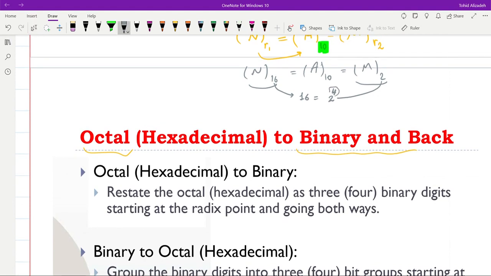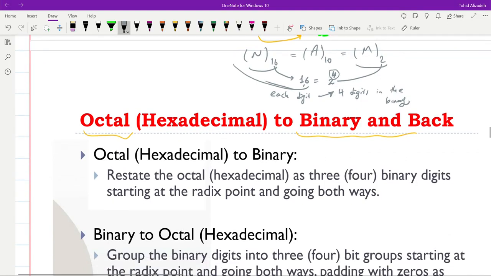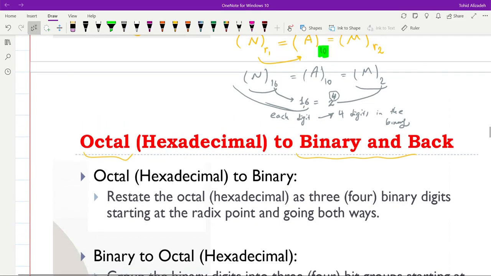This 4 here means that every single digit in the hexadecimal form could be expressed with 4 digits in the binary form. And we will see how to do this over the examples in detail.